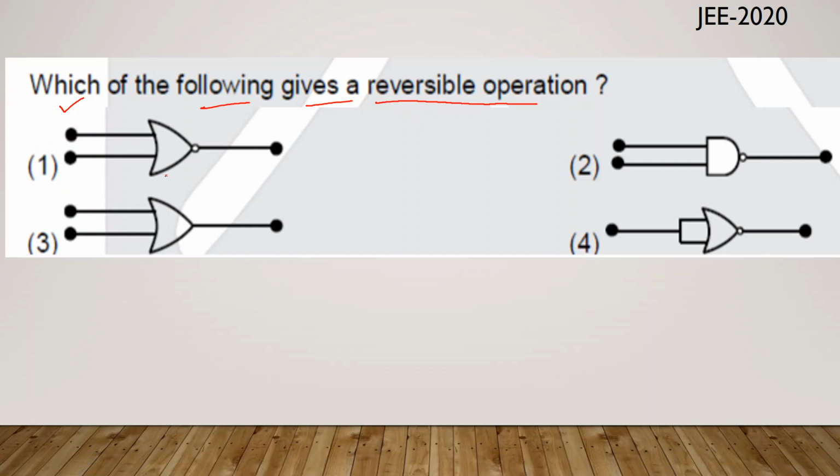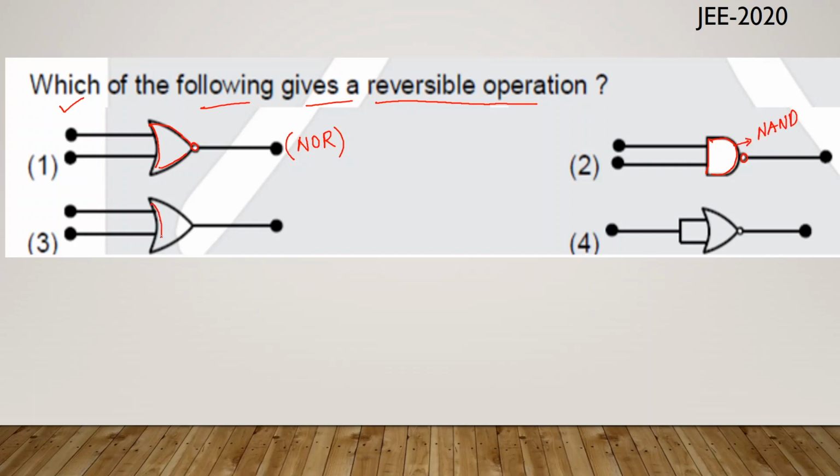First of all, let us identify the gates. Which gate is this one? A leaf-like structure with a bubble represents NOR gate. A D-like structure with a bubble represents NAND gate.